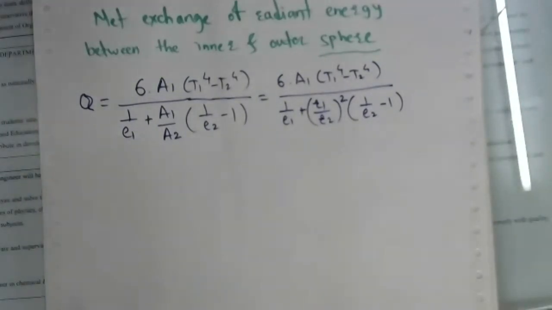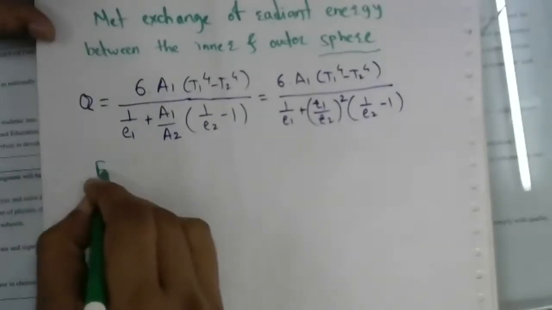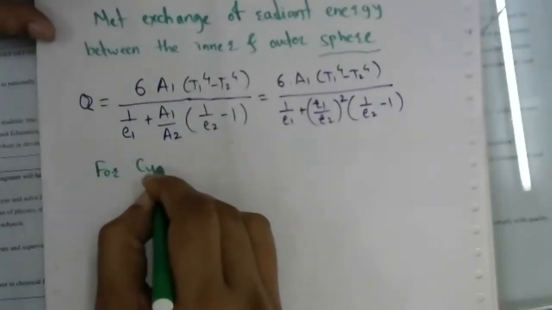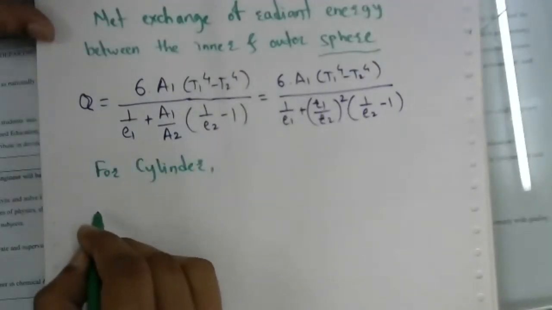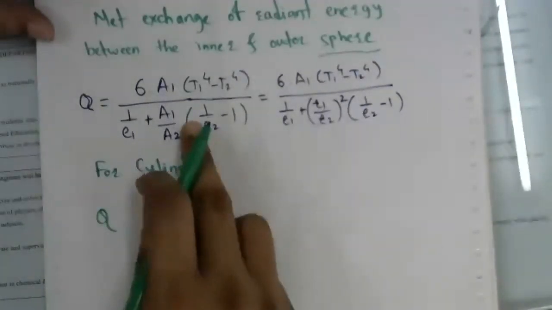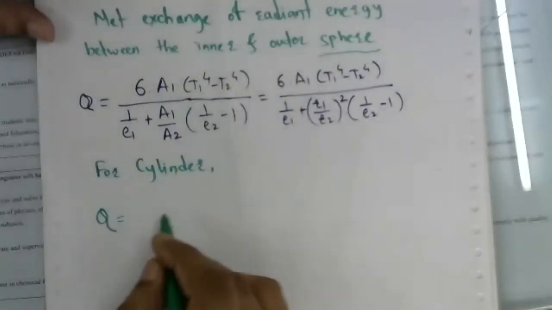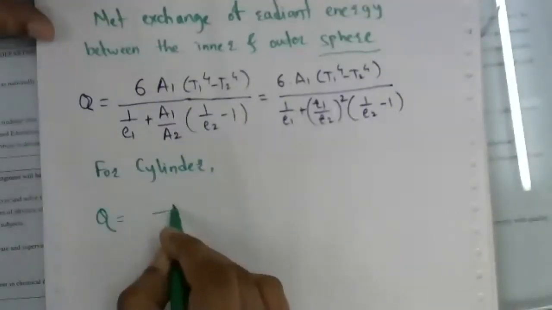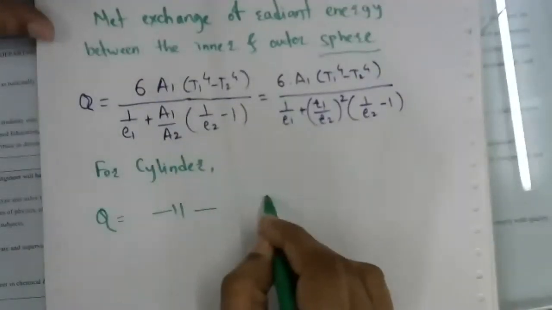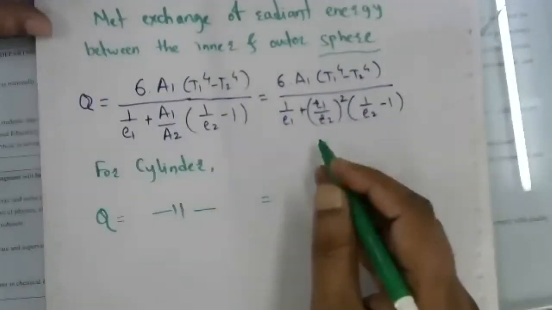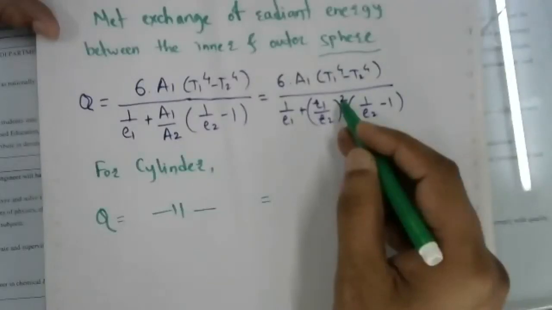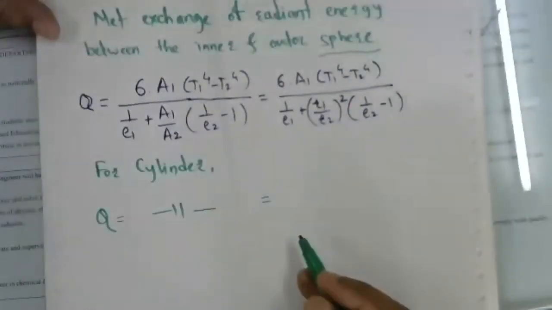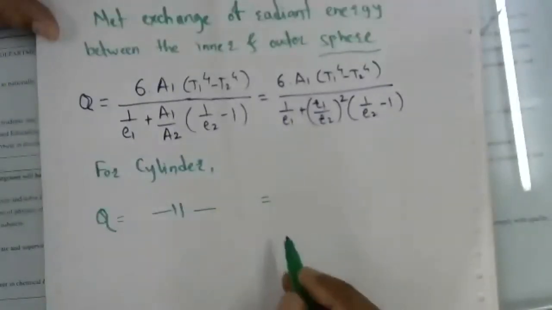So you can write for cylinder, the equation is same here. So in terms of area, the equation is same. But for this case, the only change is the square term is not there, because in the area of cylinder, only R1 is there or R2 is there.